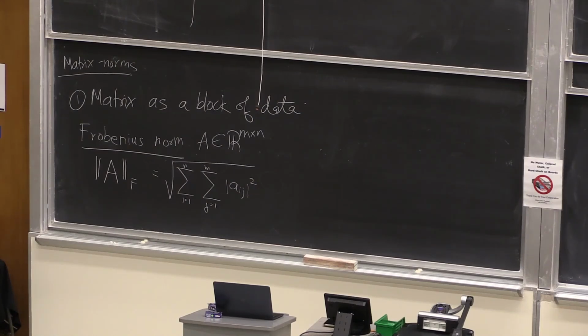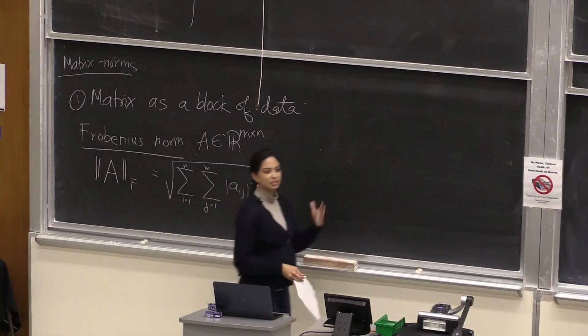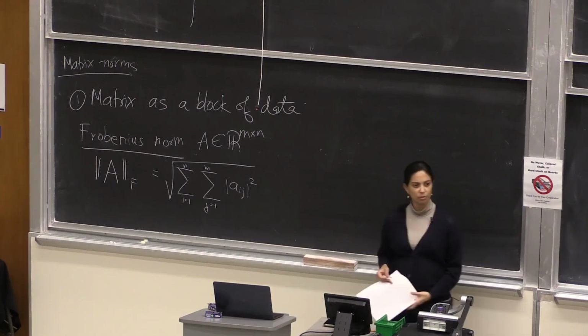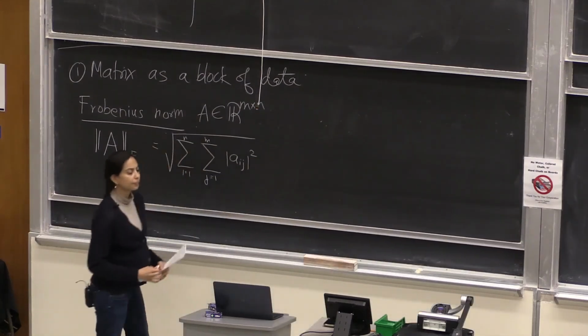What do I do to find the 2 norm of a vector? I take the squares of all of the elements, add them up, and then take a square root. The Frobenius norm is doing exactly this for a matrix. So in that sense, it's really treating the matrix as a vector. It's doing the same thing you would do to compute the norm of a vector, but for the entries of a matrix.